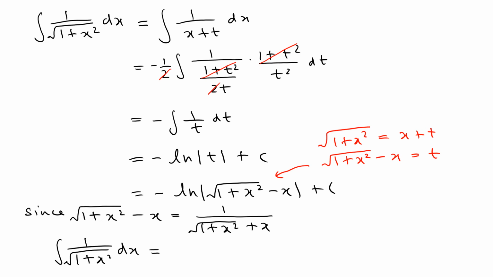So we can write this as ln, now with the positive value, so we don't need the absolute sign because it's always positive. Using the same format as earlier, x plus the square root of 1 plus x squared, plus c. So this is true for all x.